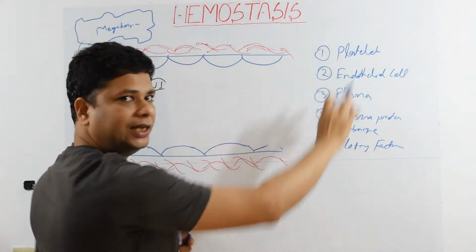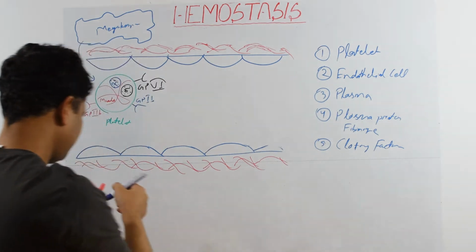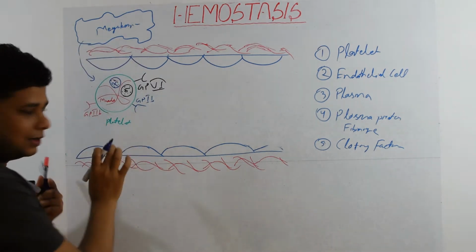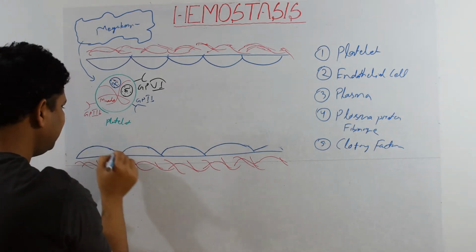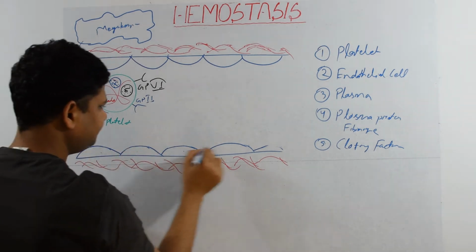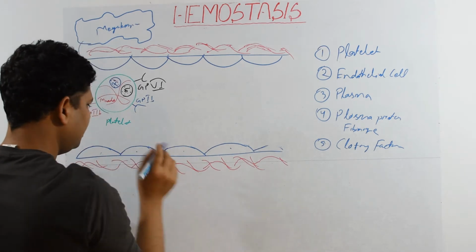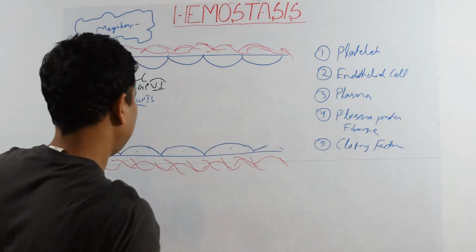And what else do we need? Endothelial cell. The lining of the blood vessel is endothelial cells. These are the endothelial cells, the inner lining of the blood vessel.